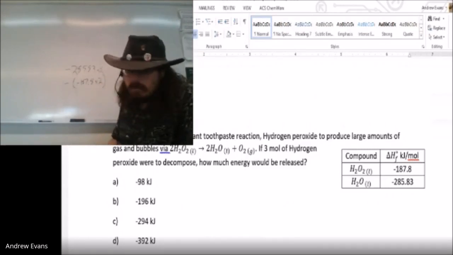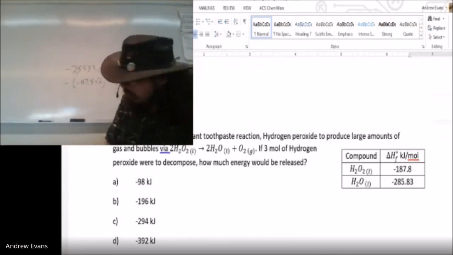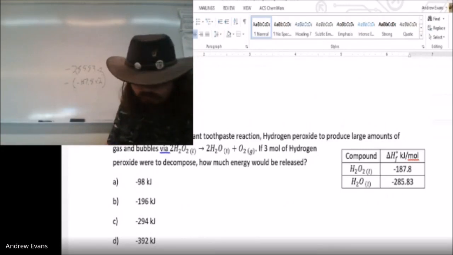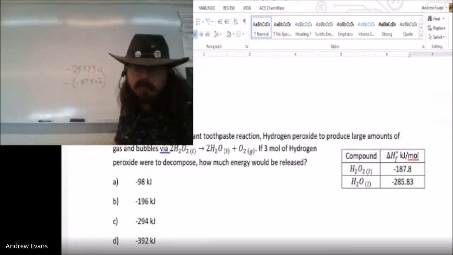So, to do this reaction one time, 285.83 times 2 minus 187.8 would produce 196 kilojoules. That's per 2 moles of peroxide.